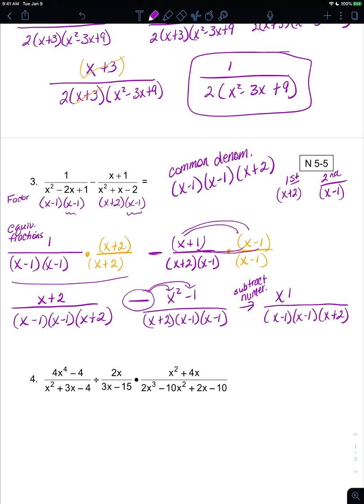We've got x plus 2 minus x squared plus 1 now in our numerator, since we distributed that negative sign. So let's combine like terms. We have a negative x squared, and we have positive x plus 3 all over that entire denominator.